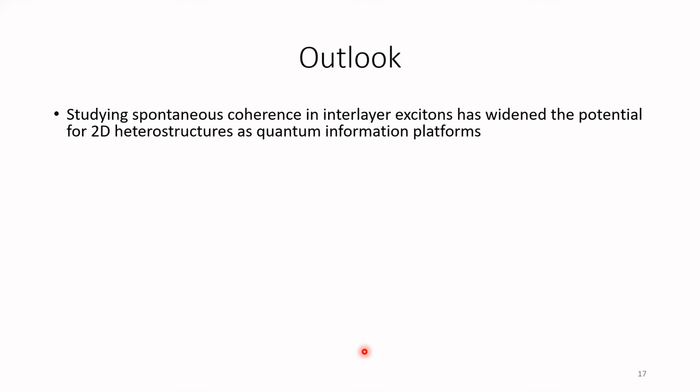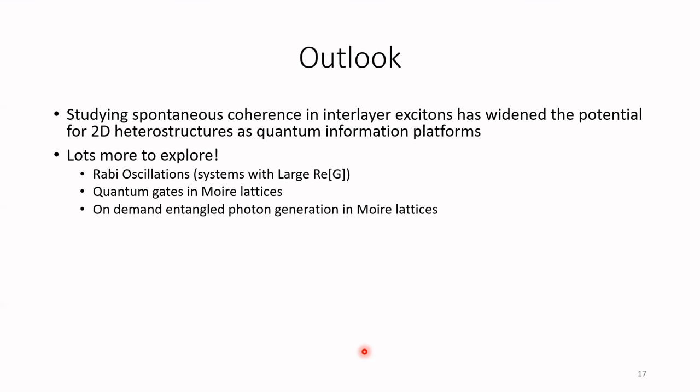Just as an outlook, to give my concluding thoughts on this field: it's a very new field. I hope I've made it seem exciting, but there are still a lot of problems to overcome, in actually addressing individual interlayer excitons in the Moiré lattices and in overcoming decoherence.